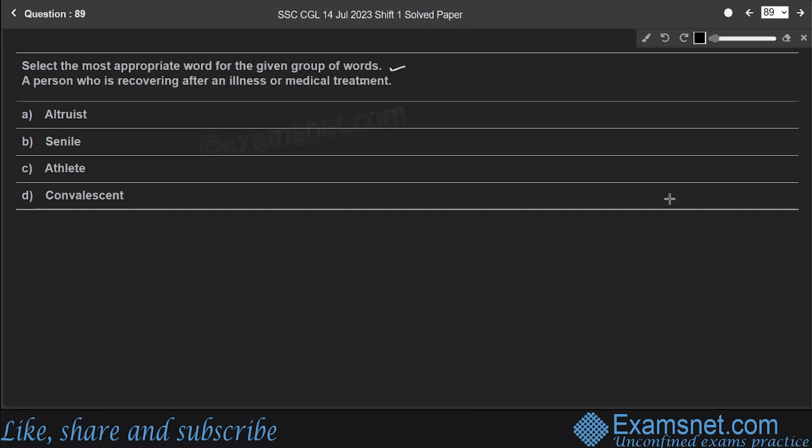Question 89. Select the most appropriate word for the given group of words. A person who is recovering after an illness or medical treatment is called convalescent, which means recovering from an illness or medical treatment. Whereas the remaining words, altruist, senile, and athlete. Altruist means unselfish regard for or devotion to the welfare of others, charitable acts motivated purely by altruism.